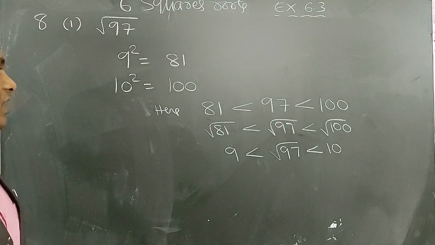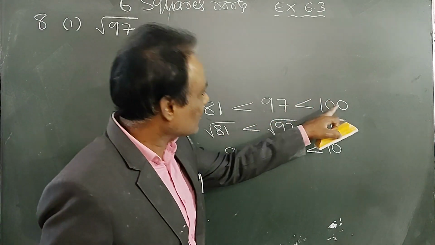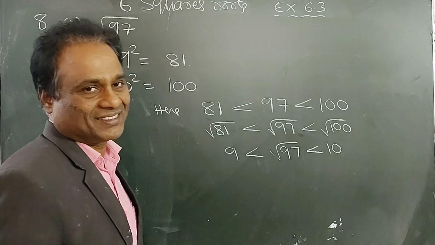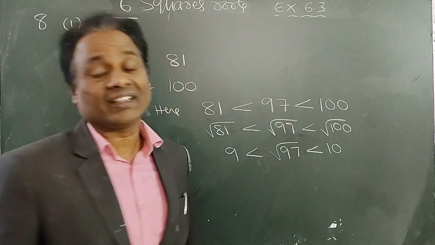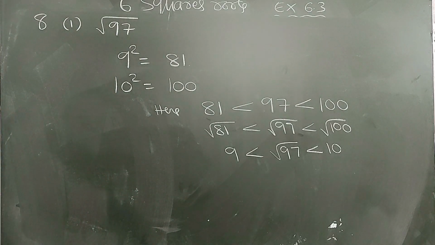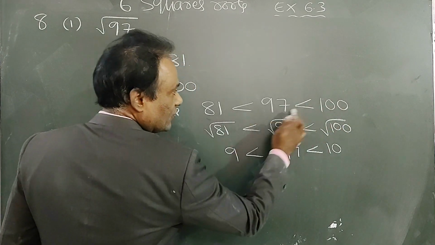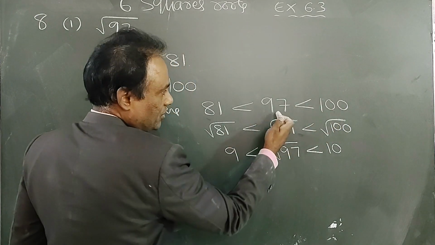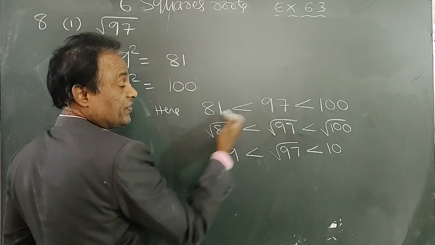Now, is 97 near to 100 or near to 81? That you have to decide. It is very near to 100, because there is only 3 difference. Here the 97 and 81 difference is 16.